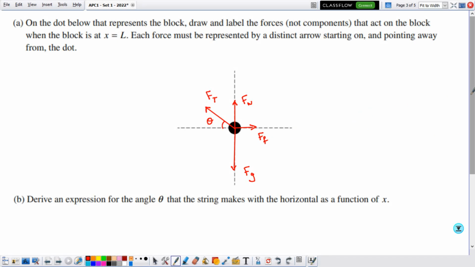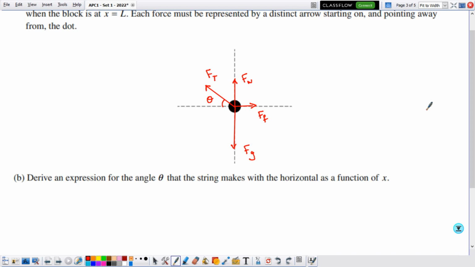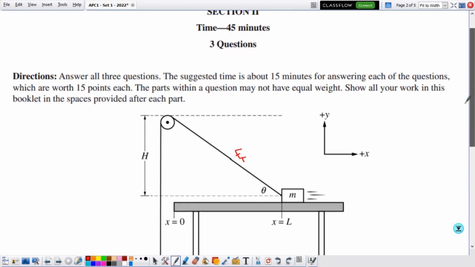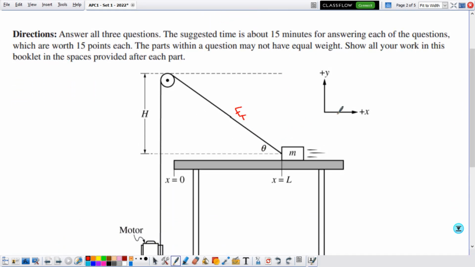Now part B, derive an expression for the angle theta that the string makes with the horizontal as a function of x. Now we need to determine the expression of the angle theta as a function of x.